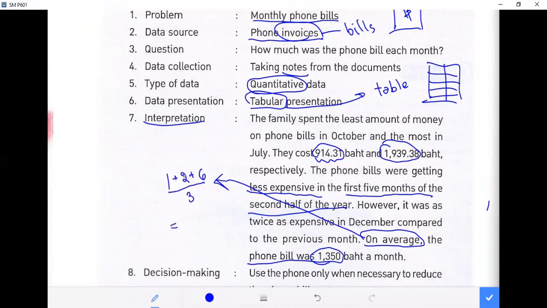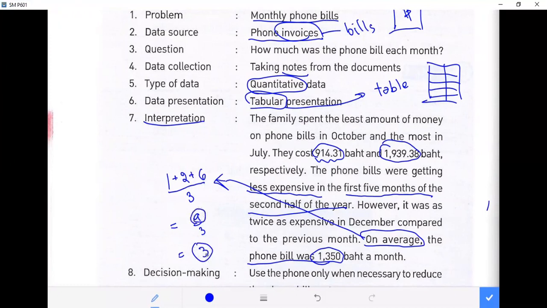So 1 plus 2 is 3, 3 plus 6 is 9. So my 9 over 3 is going to be 3. So that is my average. Okay, so average is the sum divided by the number of items. You get it, right? If you use the money, you use a total of 9 baht.